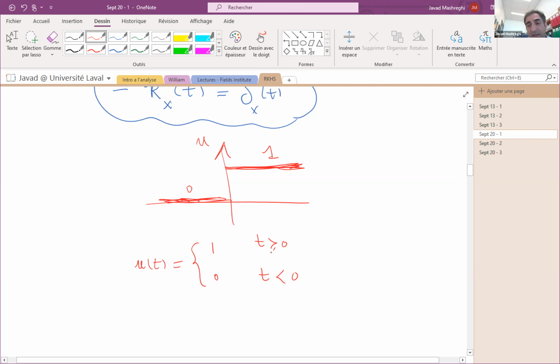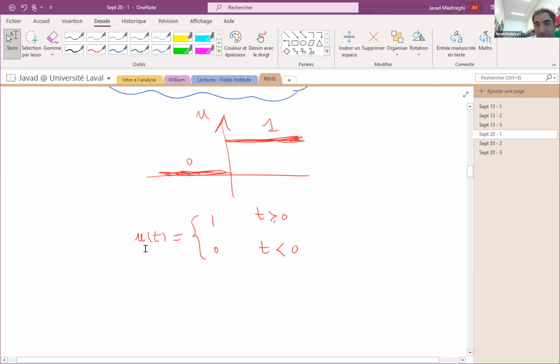It is called the Heaviside step function. It's a very important signal in engineering, in electrical engineering.